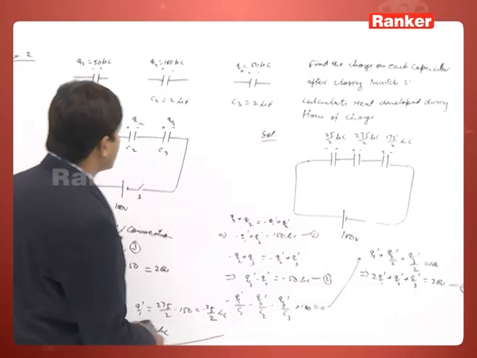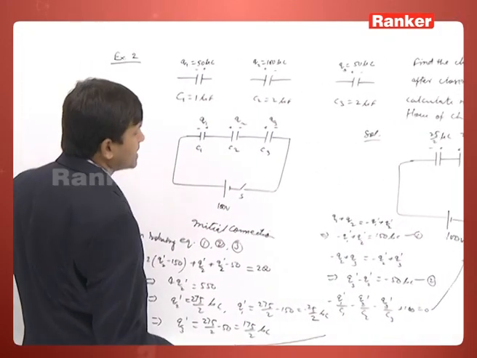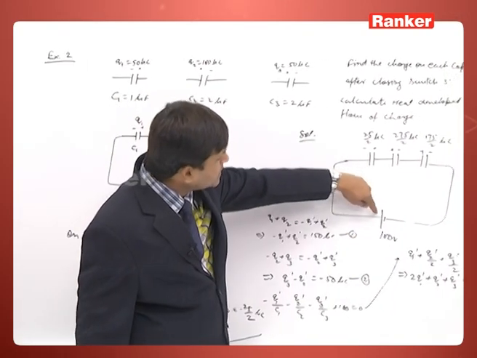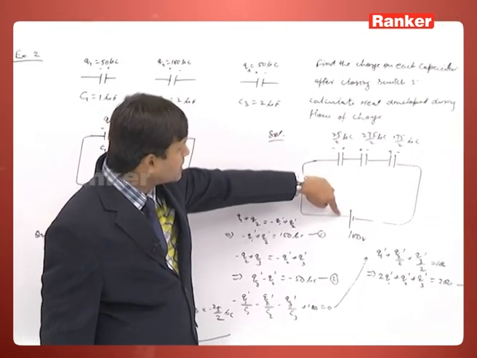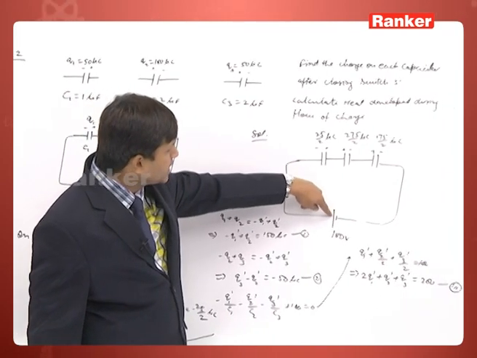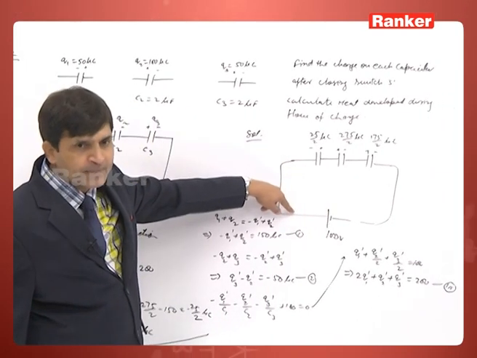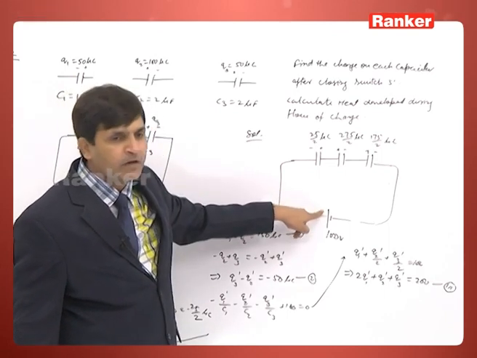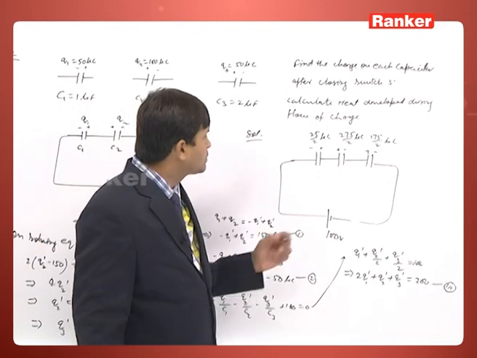Now, to know whether the energy has been supplied by the cell or not: if positive charge has flown from the higher potential terminal to outside, it means energy has been supplied by the cell. But if positive charge enters into the higher potential terminal of the cell, it means energy is absorbed by the cell.